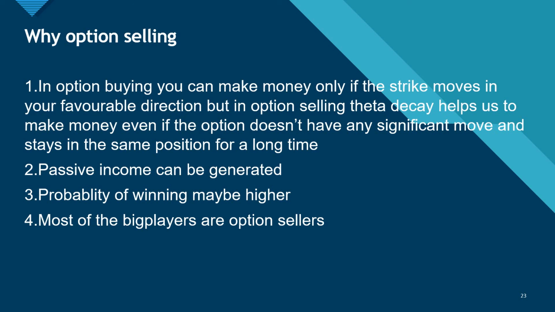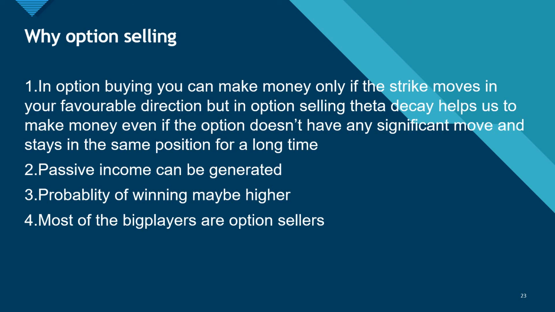So why do you need to do option selling? In option buying, you can make money only when the price moves in your favor. If you buy a call option, when the price increases, only then will you make money. If you buy a put option, when the price falls, you will make money.